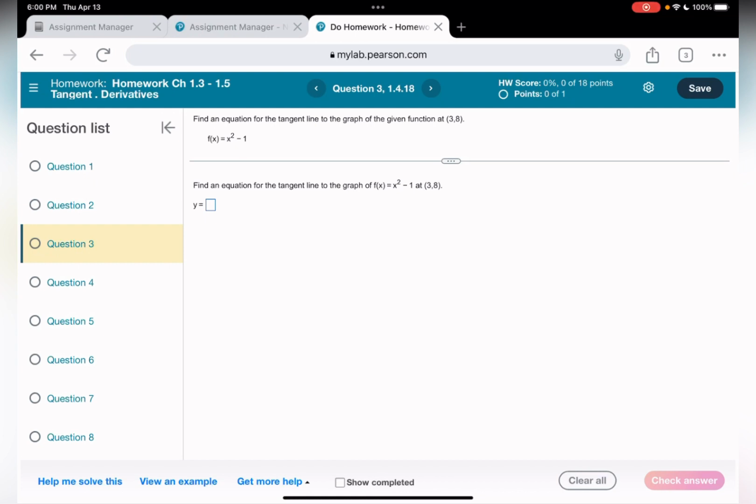Okay, question number 3. Find an equation for the tangent line to the graph of the given function at the point 3, 8. Okay. Oh, it changed. Hold on.